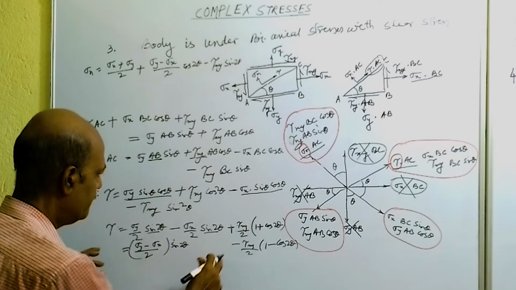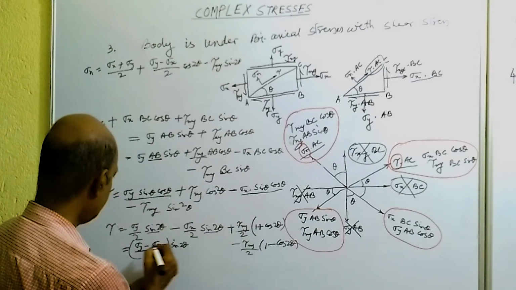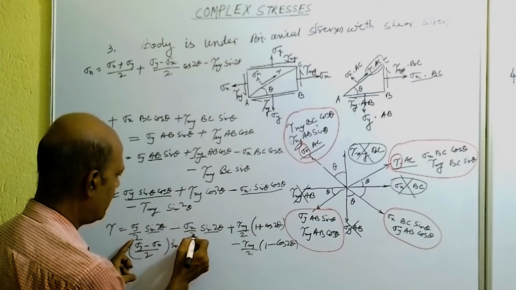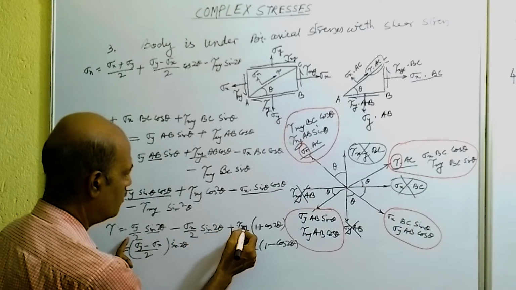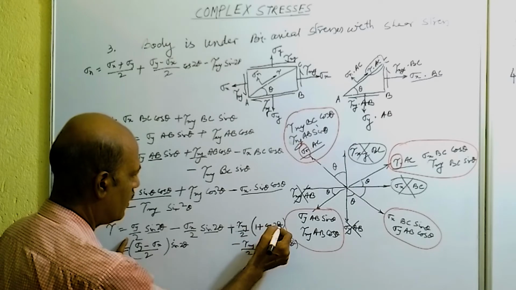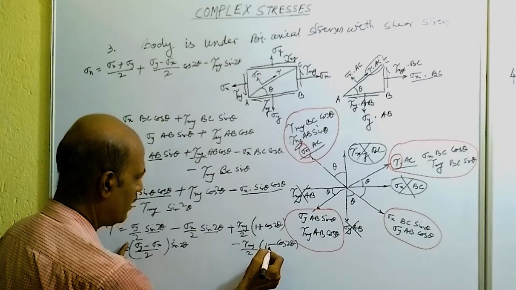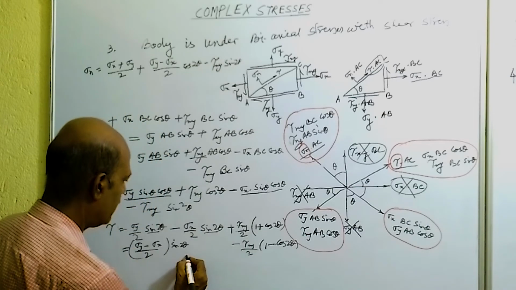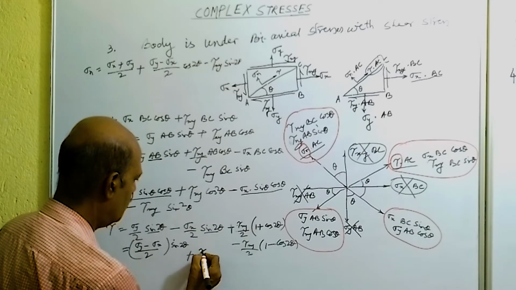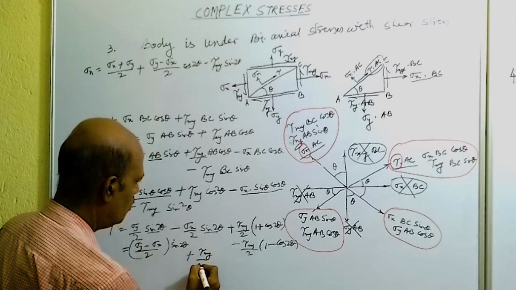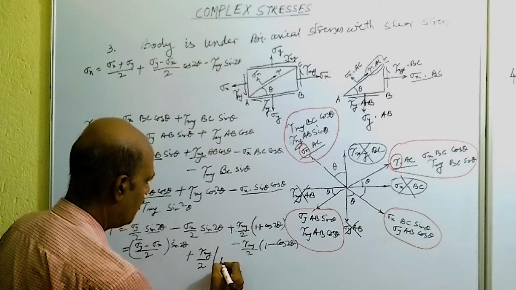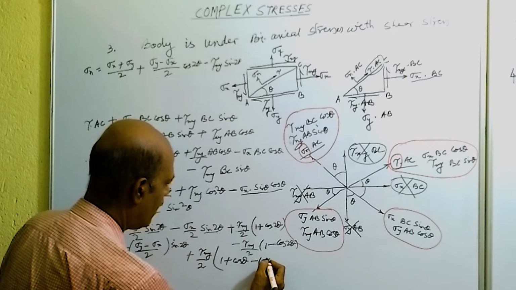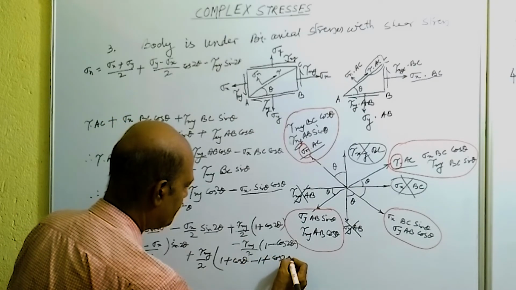Okay, that is fine. Now tau is equal to sigma y by 2 sin 2 theta minus sigma x by 2 sin 2 theta plus tau xy by 2 into 1 plus cos 2 theta minus tau xy by 2 into 1 minus cos 2 theta. Taking common tau xy by 2, it will be 1 plus cos 2 theta minus 1 plus cos 2 theta.